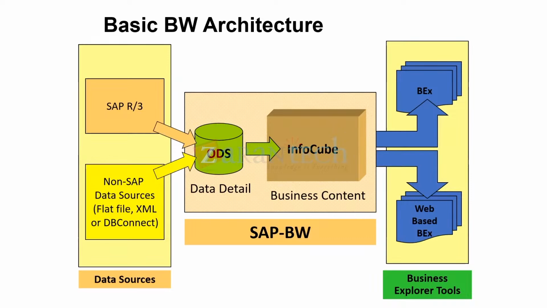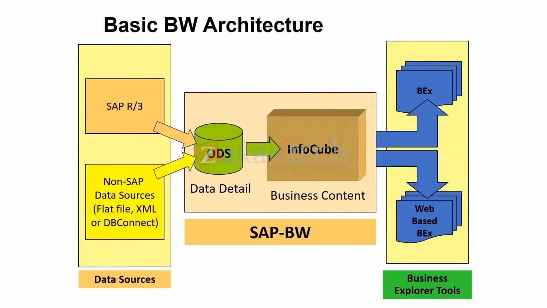As I said, in most cases the BW system is used as a central repository to store the data centrally. Hence, it is also called an EDW system, which is Enterprise Data Warehouse System. You bring the data from various sources, store it into the BW, and then build reports on top of it.